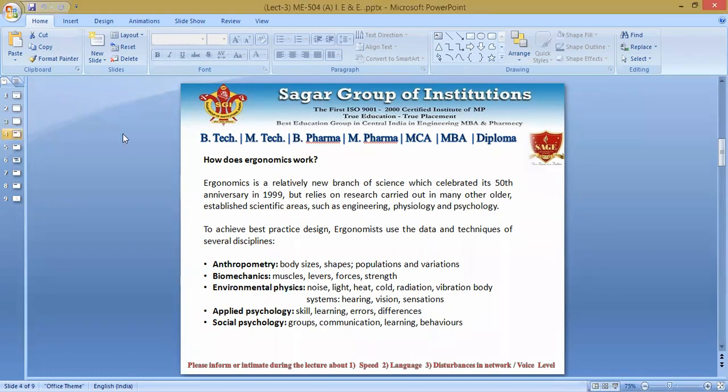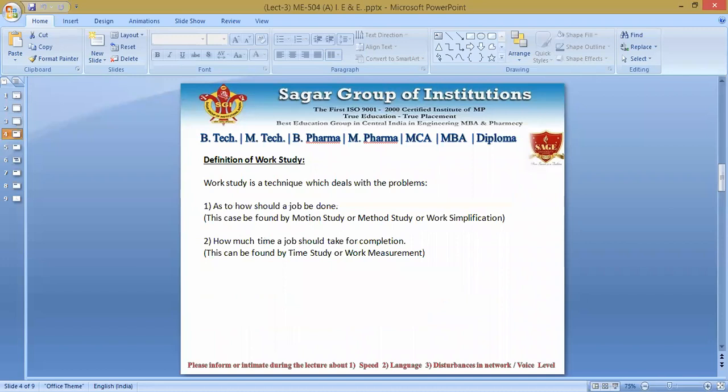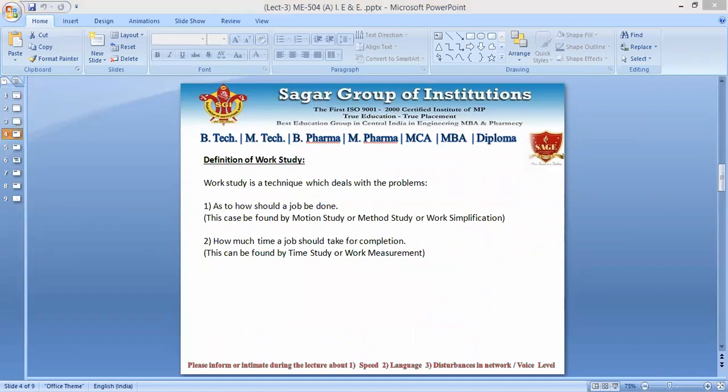Okay. Then comes the next one, which is definitions of work study. Now what is work study? Let us understand. It is basically the knowledge which gives the analysis of work methods.